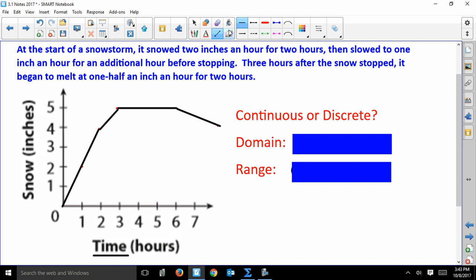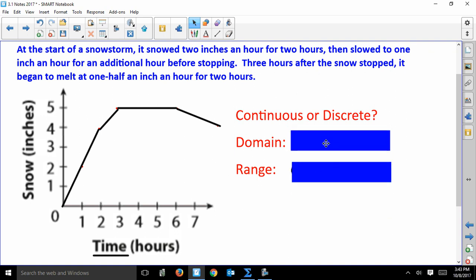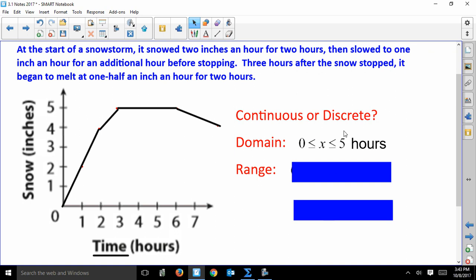So what is the domain? Well, the domain for this particular function would be 0 to 5 hours. Actually, we should say 0 to 8 hours. I'm going to correct that.